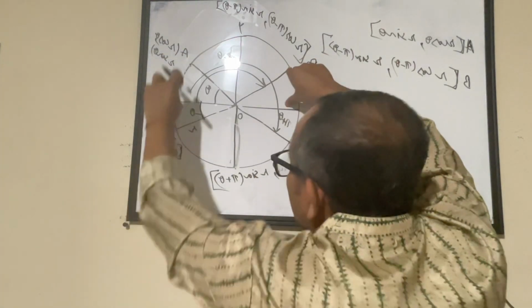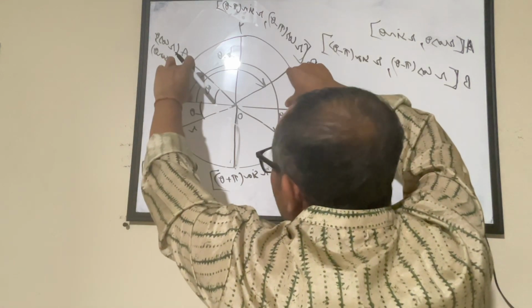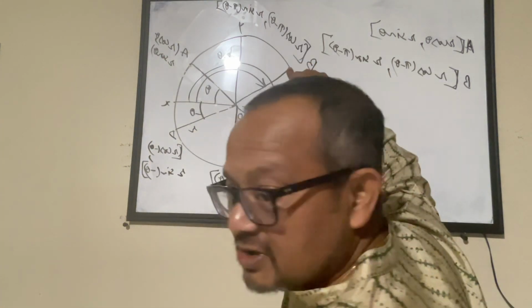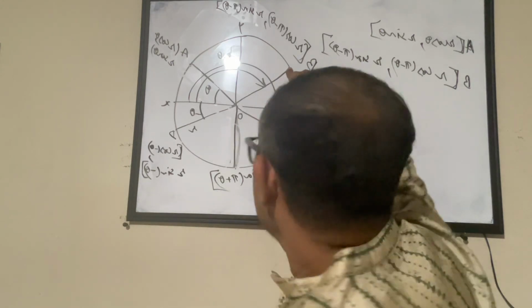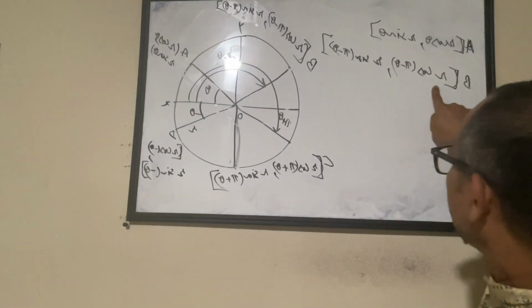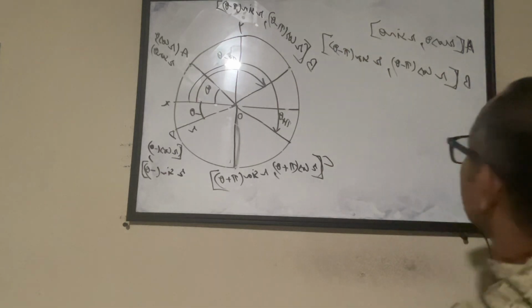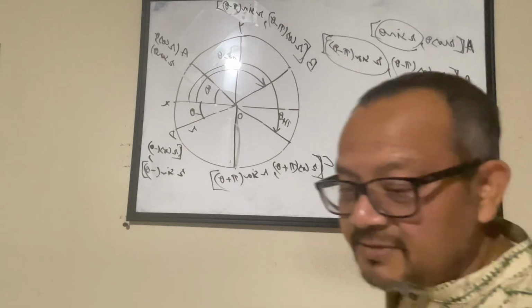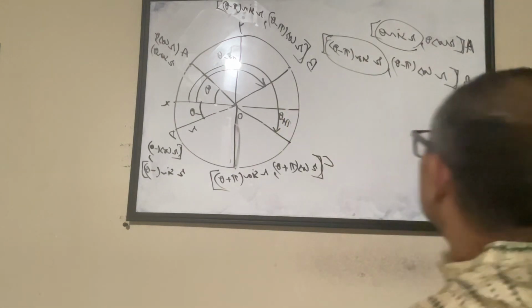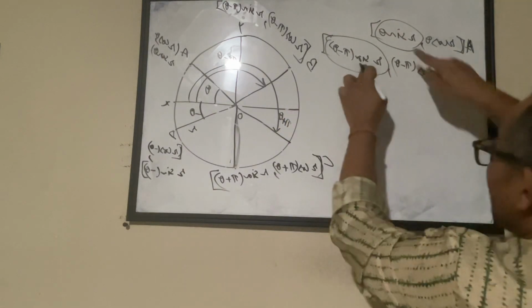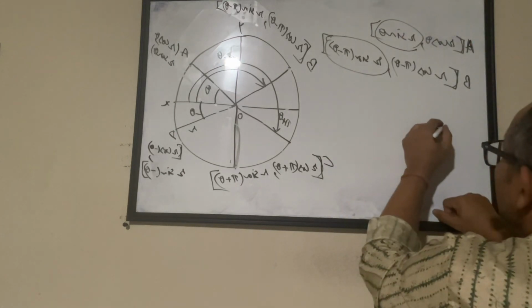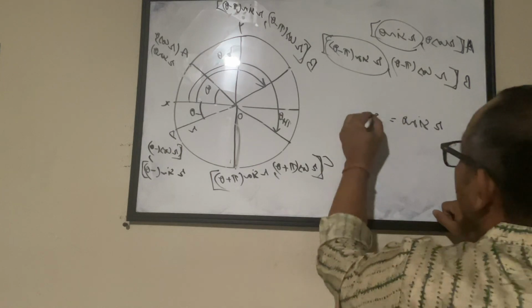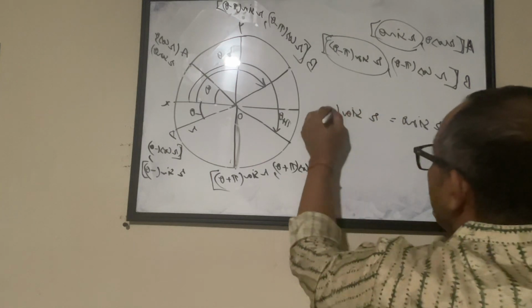So my y coordinates are the same, meaning r sine theta is equal to r sine pi minus theta.